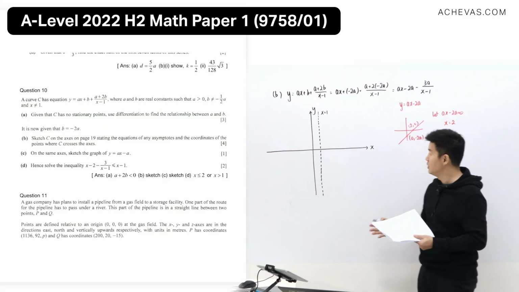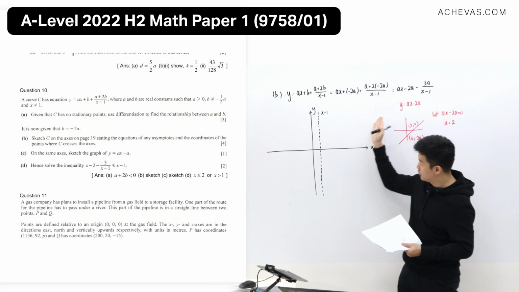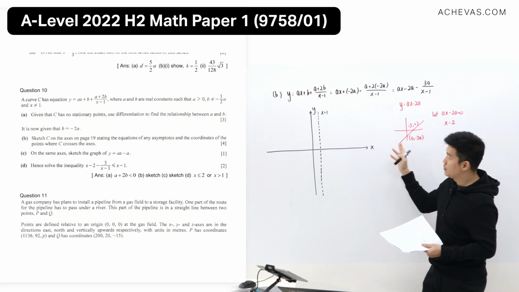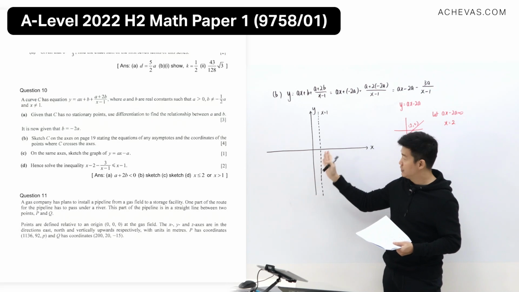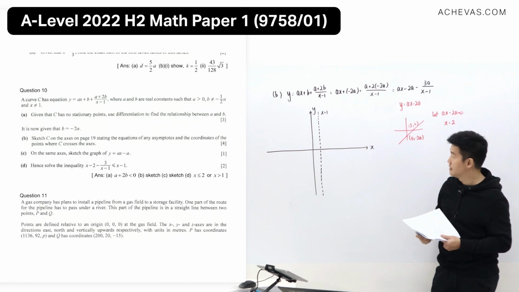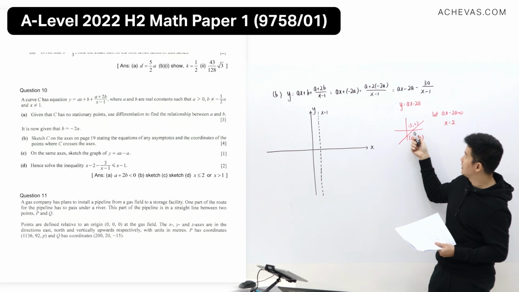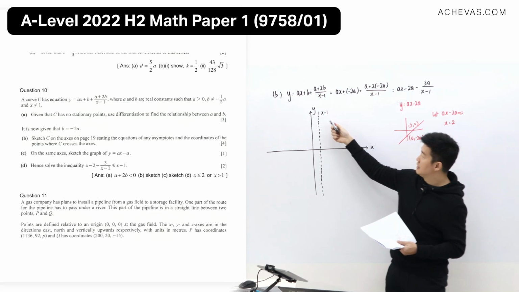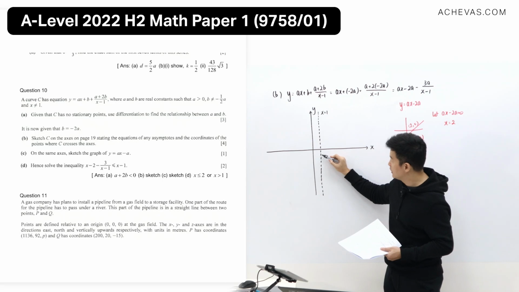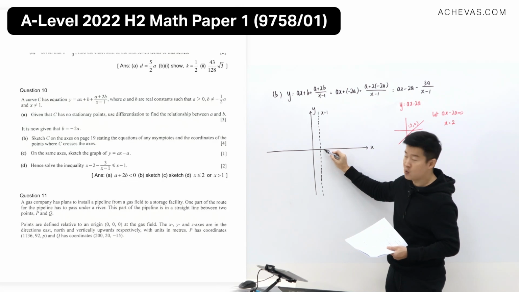I think it is optional, but we do need to draw a proper reference, because as I try to sketch in this line, I want to make sure whether this line, which has a positive gradient, is before, at, or after the point where it cuts the x-axis. So now with this verification, where we see that the x-intercept is 2, 0, this is when x is equal to 1. We know that the oblique asymptote is going to be cutting the x-axis to the right of 1.